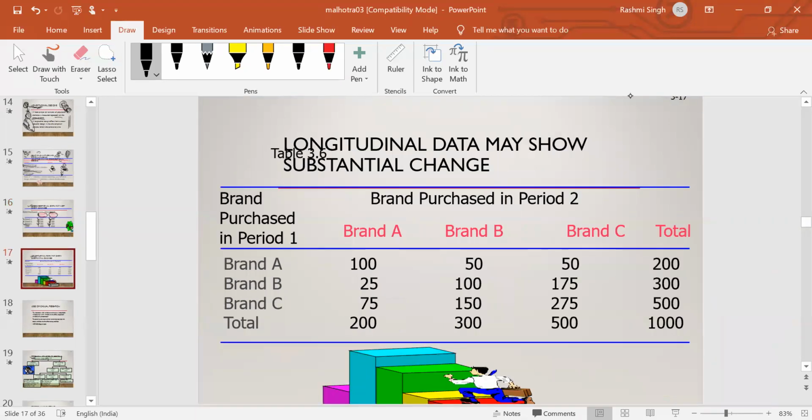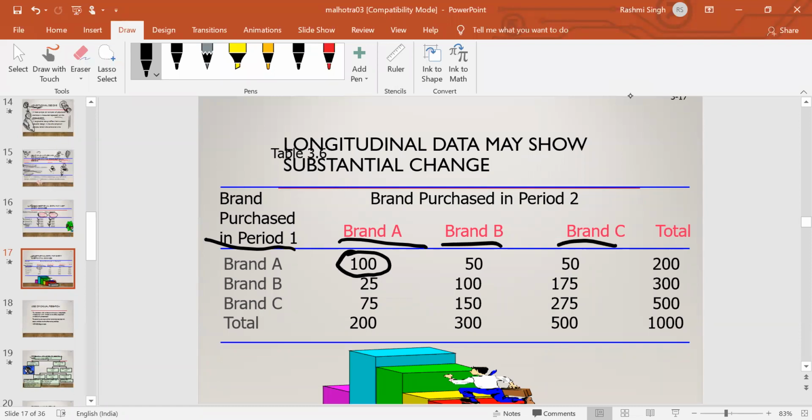But if you have longitudinal data, then it may show you some substantial change. These are the brands A, B, C purchased in time period 1, and these are the brands purchased in time period 2: brand A, brand B, and brand C. Here in time period 1, brand A is preferred over the other brands 100 times.